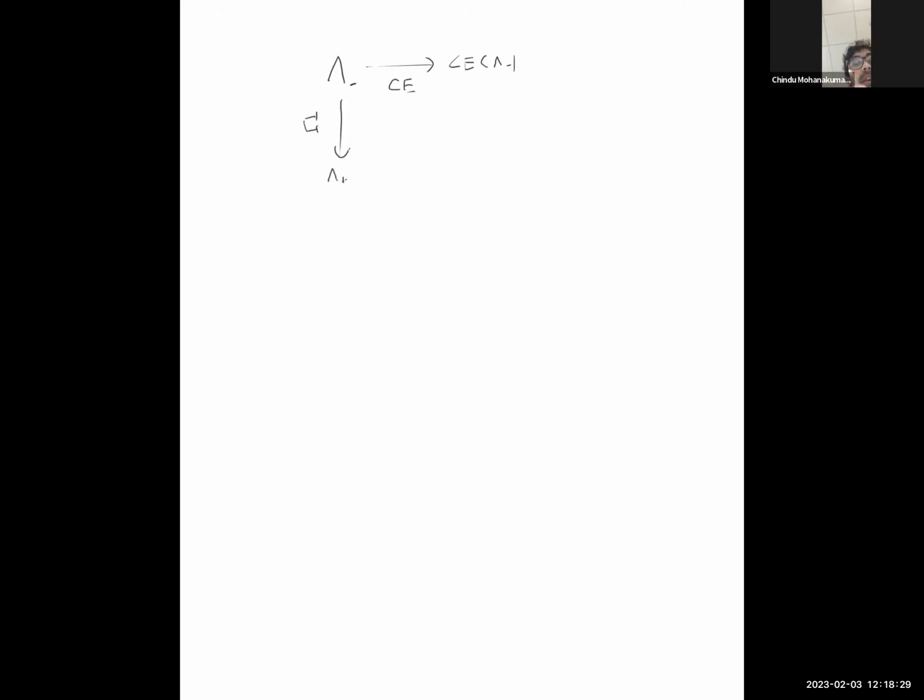So this is like a contravariant functor: CE of lambda minus goes to CE of lambda plus. And now we're going to talk about phi. What we just discussed were the differentials, del minus and del plus. Now we're going to discuss phi. So phi is a DGA map associated to an exact Lagrangian cobordism.